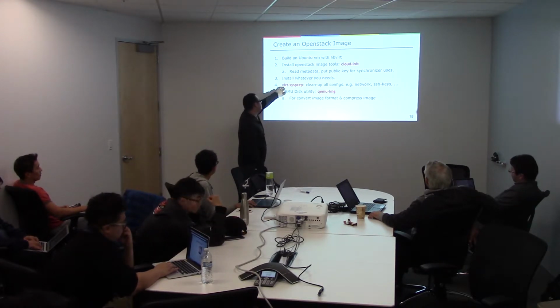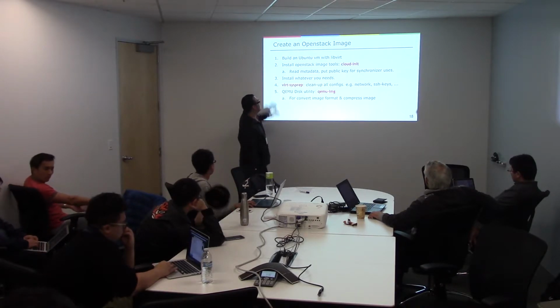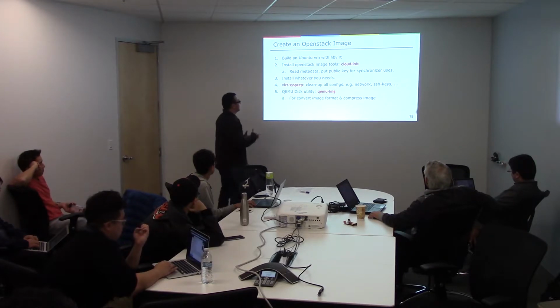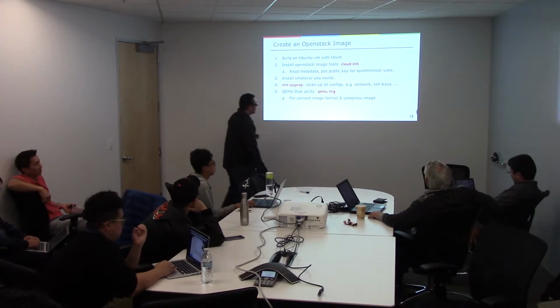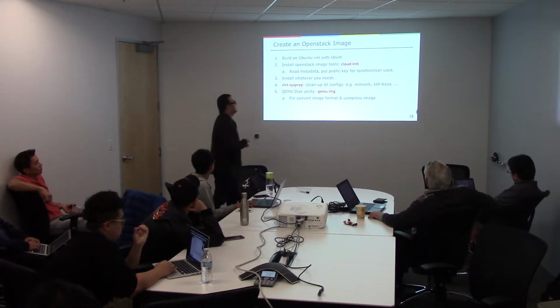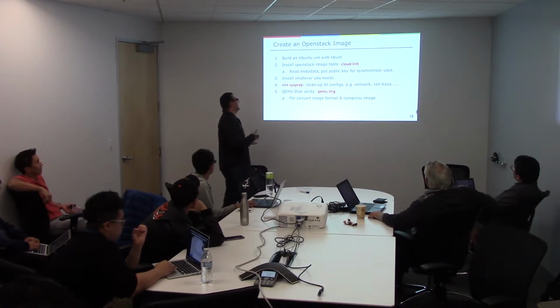You need to use this virtual system preparation tool. It will clean up all the configuration. When you first build your VM, it will have some network configuration or SSH configuration, and this is the old configuration.